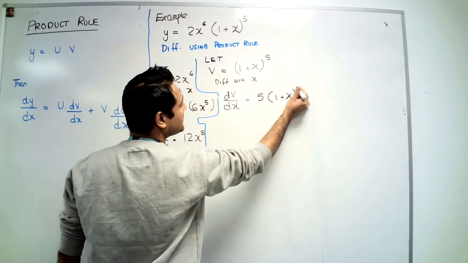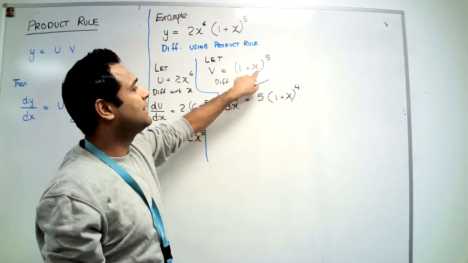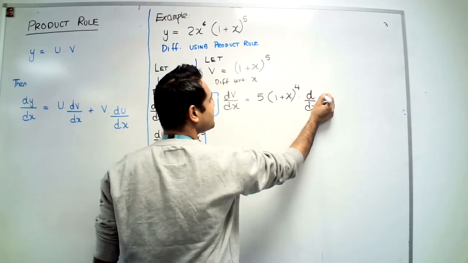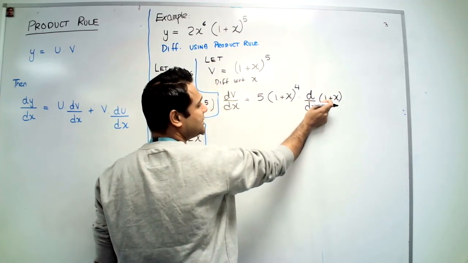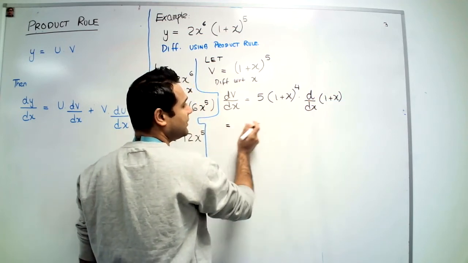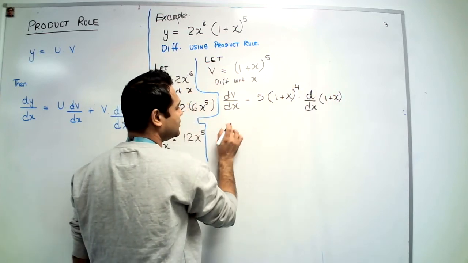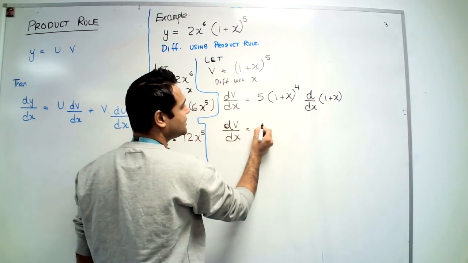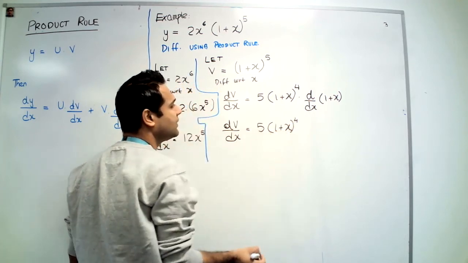That will become 5, so 5 minus 1 is 4. Then differentiate this bit, 1 plus x. You know differentiation of 1 is just 0 and differentiation of x is just 1. So we can ignore this bit because of the plus. If that was a minus, that would be minus 1 and we would have to consider that one. So we got dv over dx is 5 times 1 plus x to the 4.